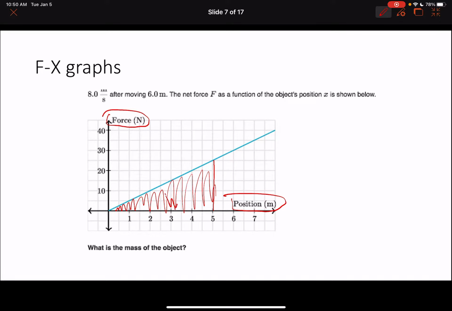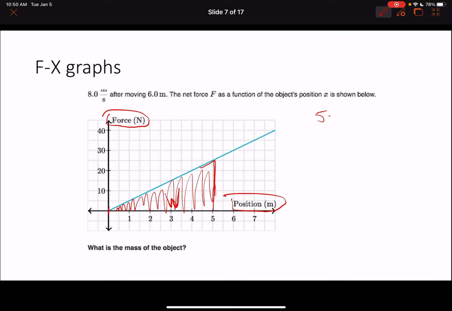is the work. So if you have a force position graph and I ask you for the work done on an object, you should be able to find it. So let's find the work done in the first 5 meters of this object. If we want to do that from here to here, we just need to find the area of this triangle. Well, the base is 5.